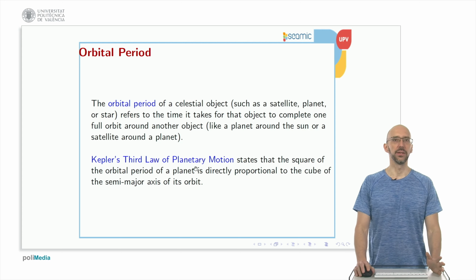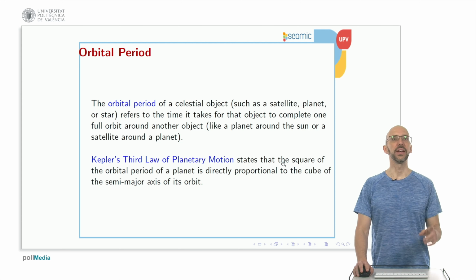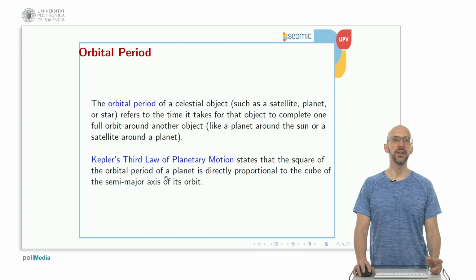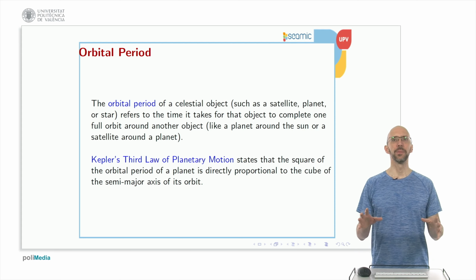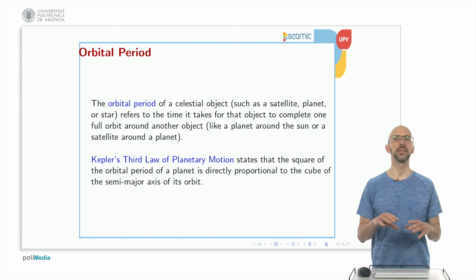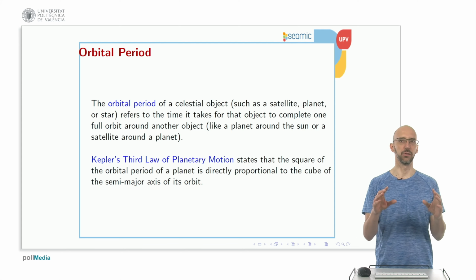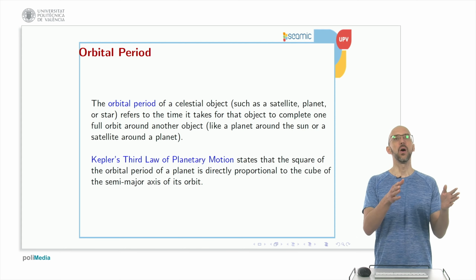It's very easy. The idea is to use Kepler's third law of planetary motion. This law states that the square of the orbital period of a planet is directly proportional to the cube of the semi-major axis of the orbit. So this law, which is one of the most important laws in physics, relates the major semi-axis with the time it takes a satellite to complete a full orbit.